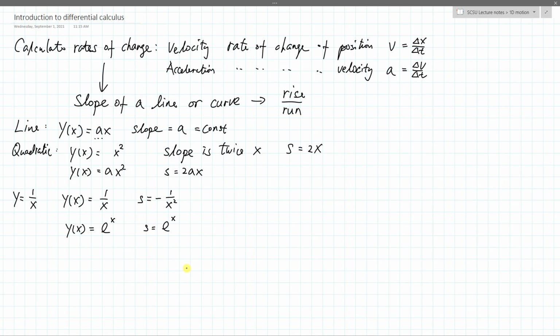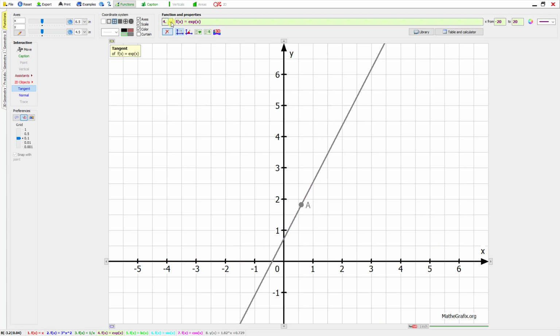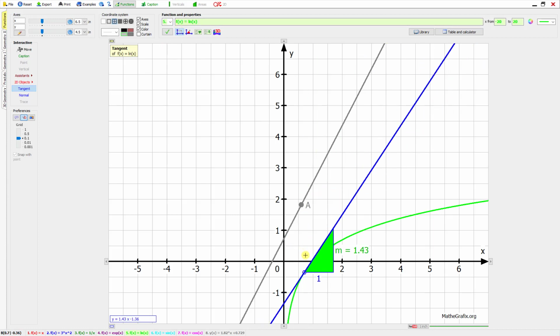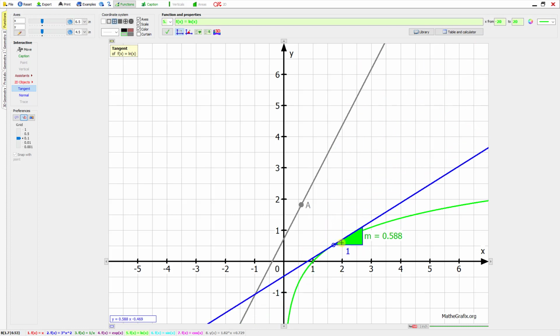You can also check other functions. For example, I have this set up, but I don't really want to go through this because I want to keep the video short and topical. I have a natural log of x, and you can explore what this is going to be.